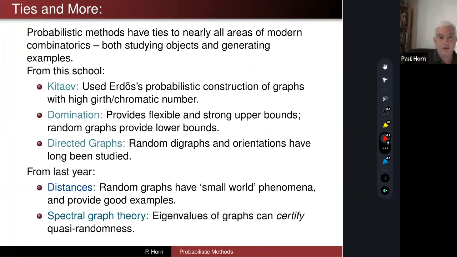Last year, Professor Dunkelman talked about distances in graphs. I don't know whether he's still here, but again, random graphs provide good examples of expander graphs that have a small world phenomenon and provide examples in this area. There was a talk last year from the same school on spectral graph theory, and eigenvalues related to the graphs have strong relations with the randomness of a graph. In fact, they provide a certificate that my graph looks random. This is one of my favorite topics.